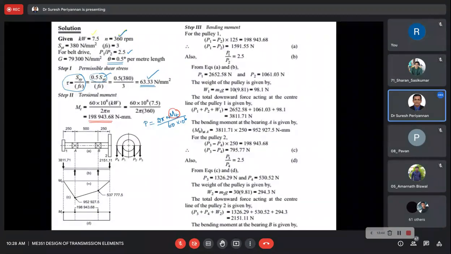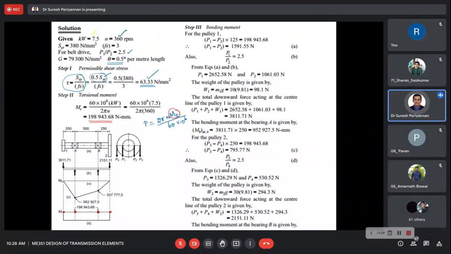Now this is the torsion moment. The torsion moment is the same for both the pulleys. The first pulley and the second, bigger pulley are the same. The bearings are also subjected to equal torsion moment.